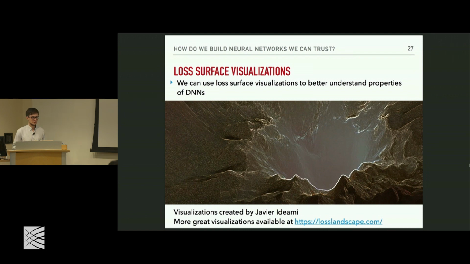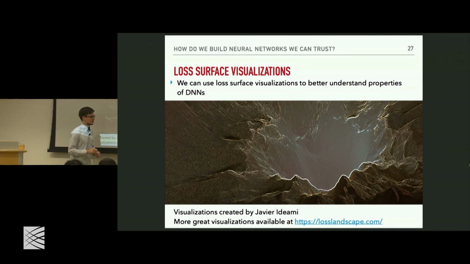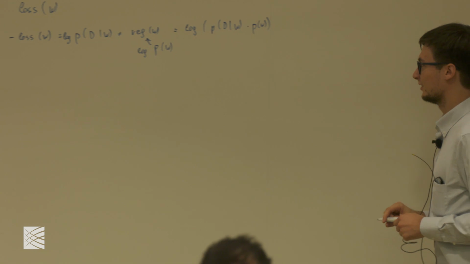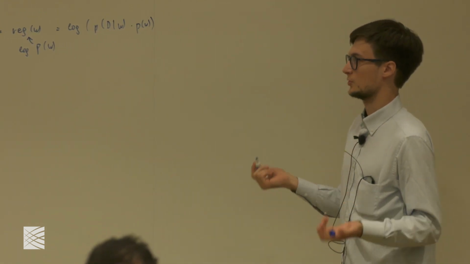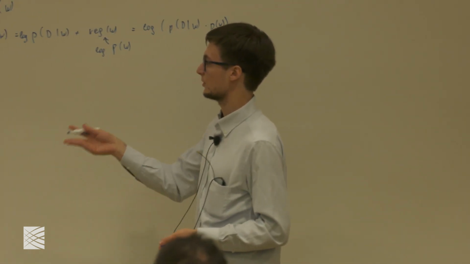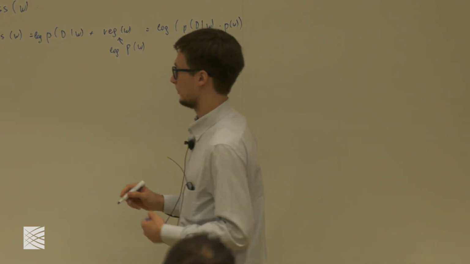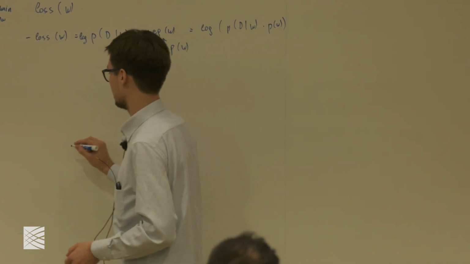So let's start by looking at some visualizations of loss surfaces to build more intuition. And we'll have a lot of these visualizations in my part of the talk. So how do we actually visualize a loss surface? Because the loss is a function of a million different parameters, but we cannot look at a million parameters at the same time.